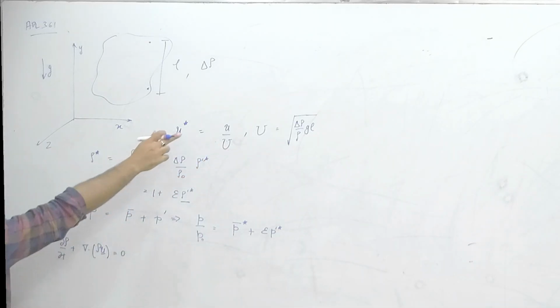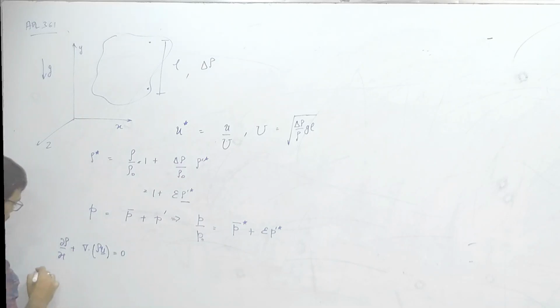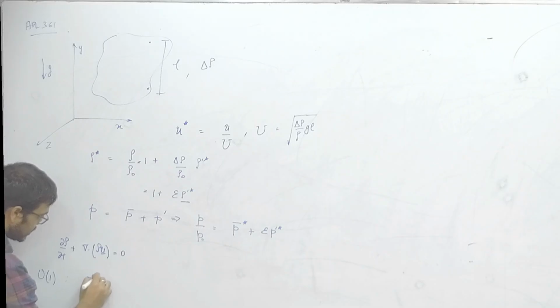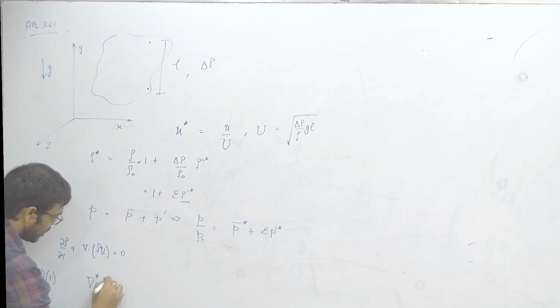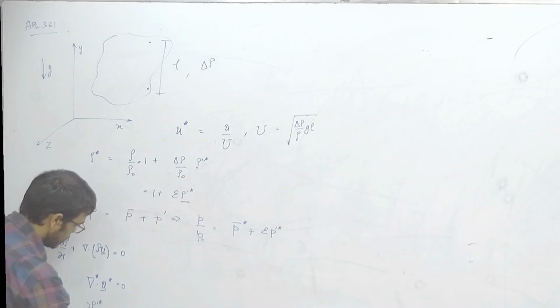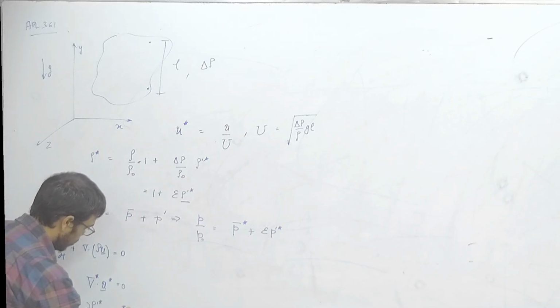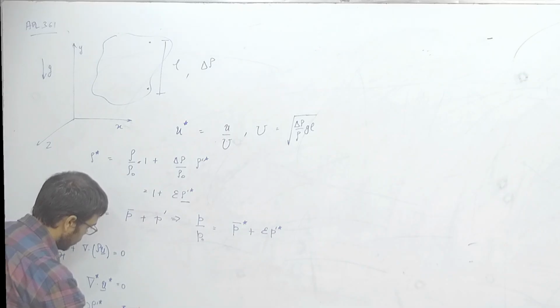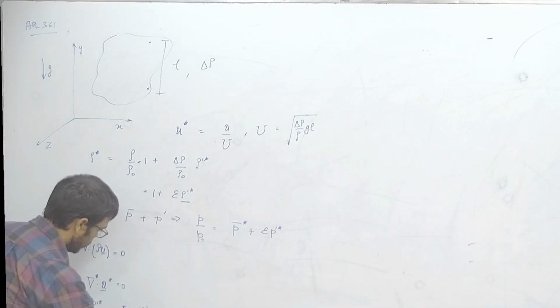And if we substitute these things here, we got that at order 1 we have del star dot u star equals 0, and at order epsilon we had del rho prime star over del t star plus u star dot del star rho prime star equals 0.